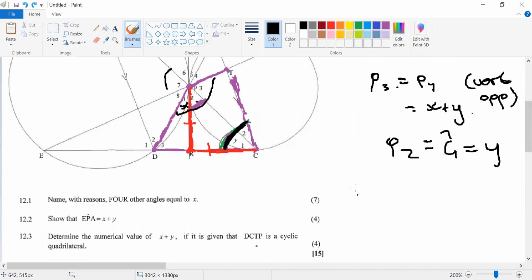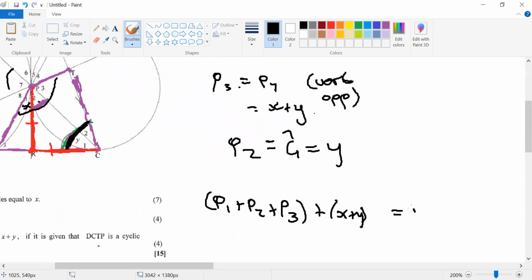So the whole top portion, which is P1 plus P2 plus P3, plus the whole bottom portion, which is simply x plus y, is equal to 180 degrees. The reason for that is opposite angles in a cyclic quad.